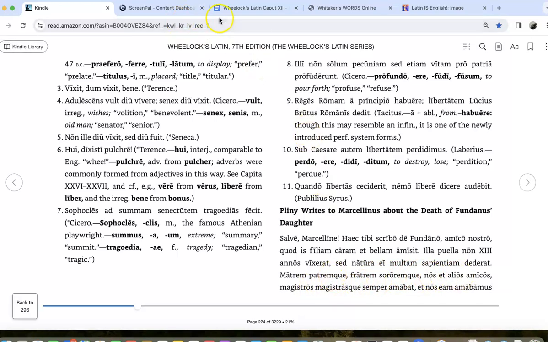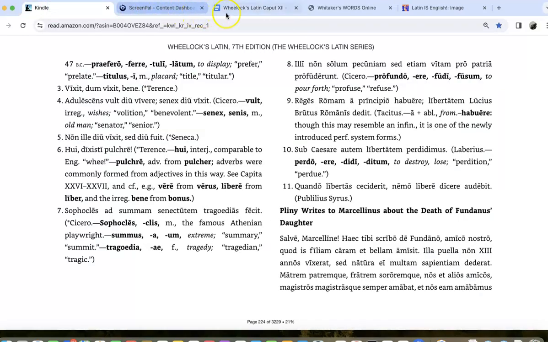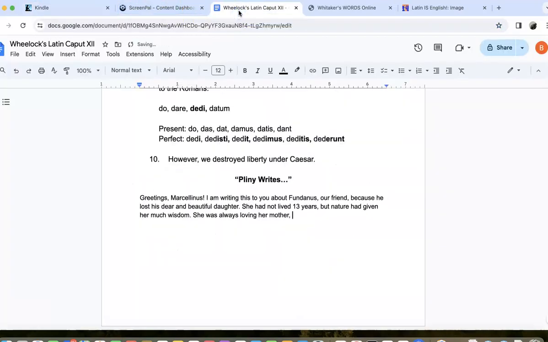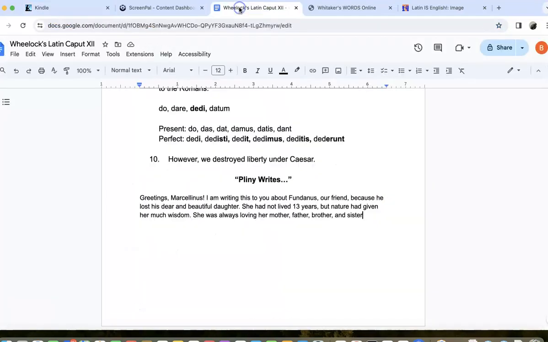So I guess she was a very respectful young lady who listened to her parents. So she was always loving her, and then we'll just string this together. Always loving her mother, father, brother and sister, we and us and other friends.